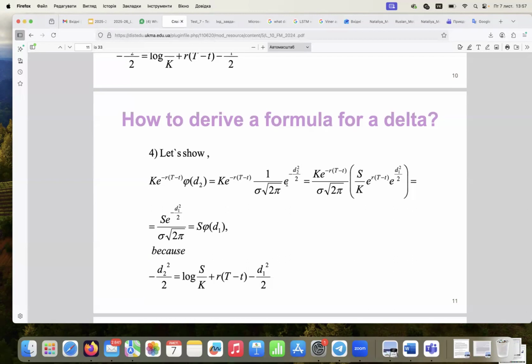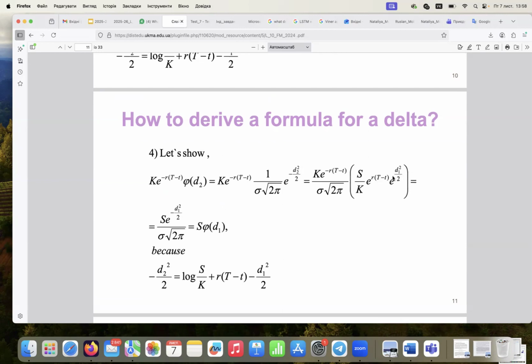And now instead of d2 square, we rewrite this, and we have e, this exponent to this power, and exponent minus d2 square divided by 2.